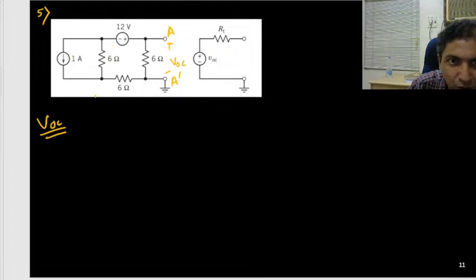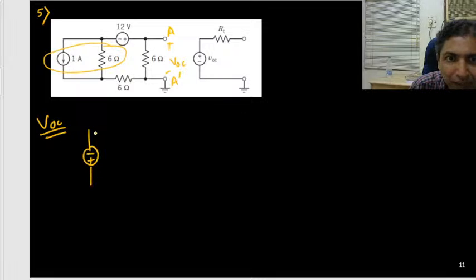This current source with resistance, we can convert to a voltage source with resistance. Remember, this side is plus, this is minus, and the resistance I can consider here. This resistance is 6 ohm and this is 6 into 1. I need to multiply current into resistance, so 1 into 6 is 6 volt.